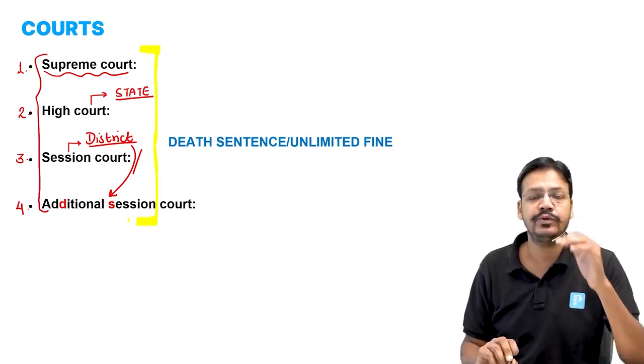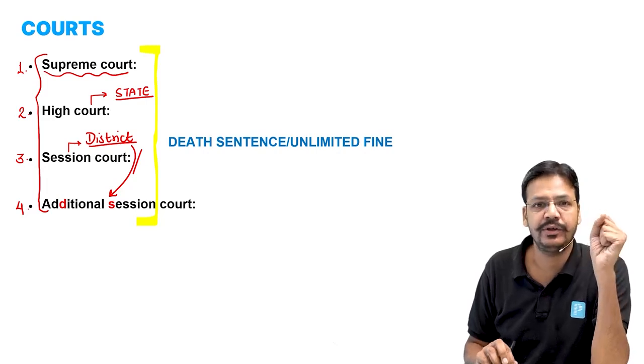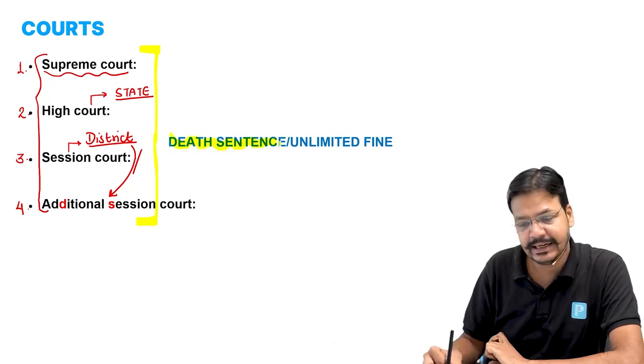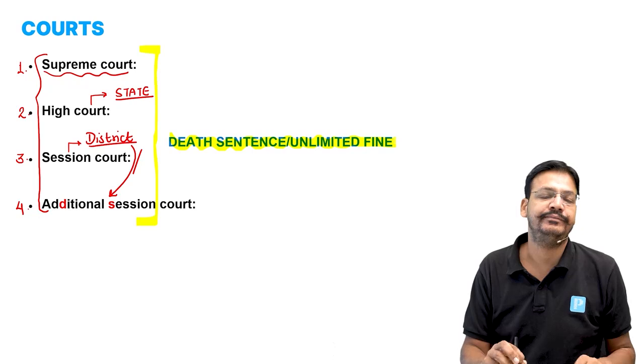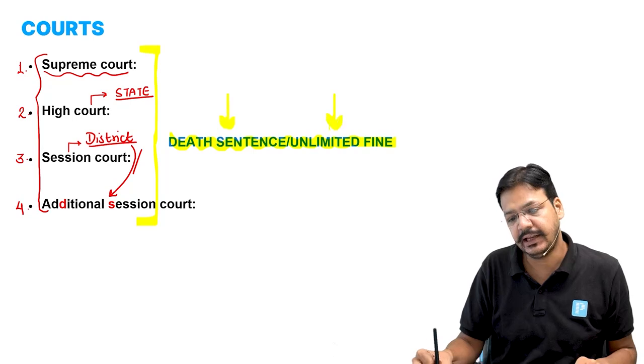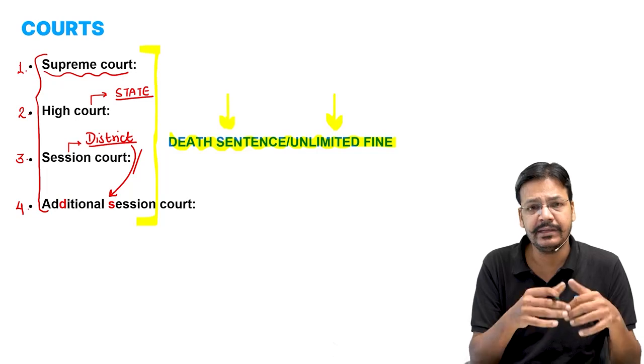What are these 4 courts? Supreme Court, High Court, Session Court, and Additional Session Court. These are the 4 courts which can give you death sentence or unlimited fine. And actually, these are the higher courts.